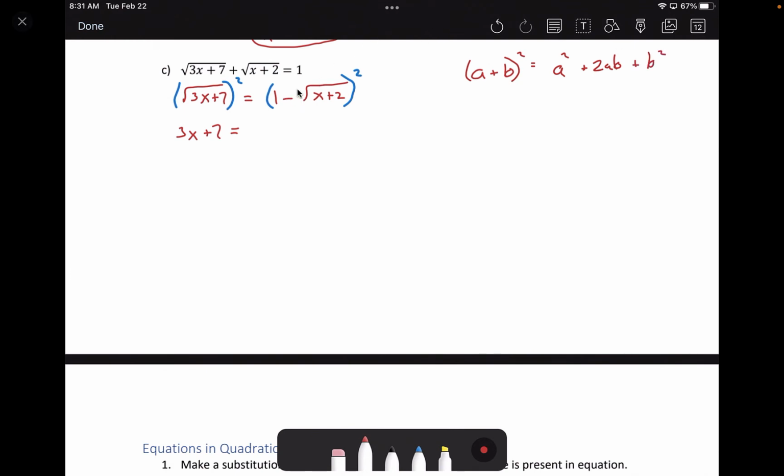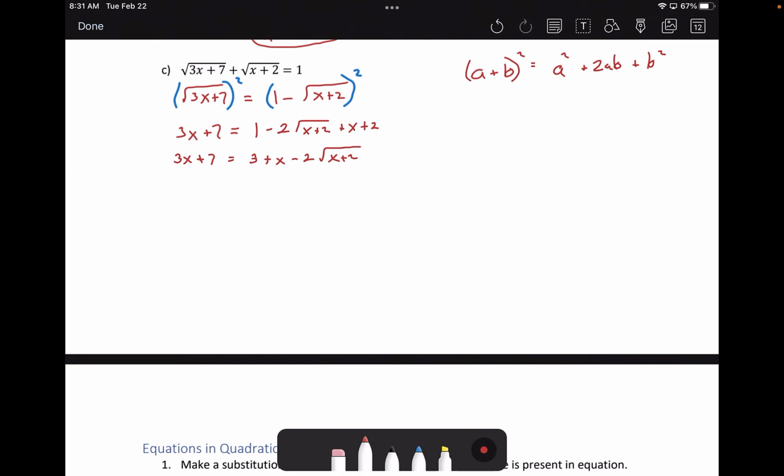So when we come over to this binomial, we'll square the 1, double the product of 1 and the radical, and then squaring the last piece, squaring the radical, will simply eliminate the radical. From here we can combine like terms on the right side. That gives us 3 plus x minus 2 square root of x plus 2.